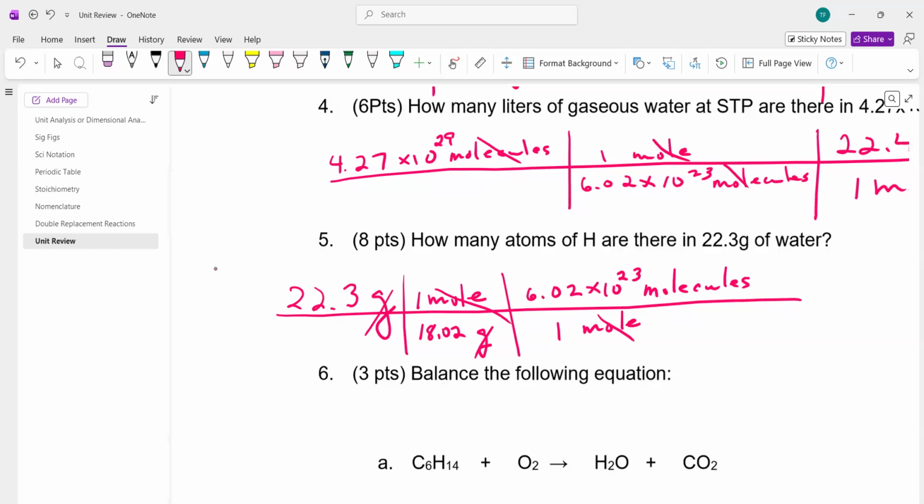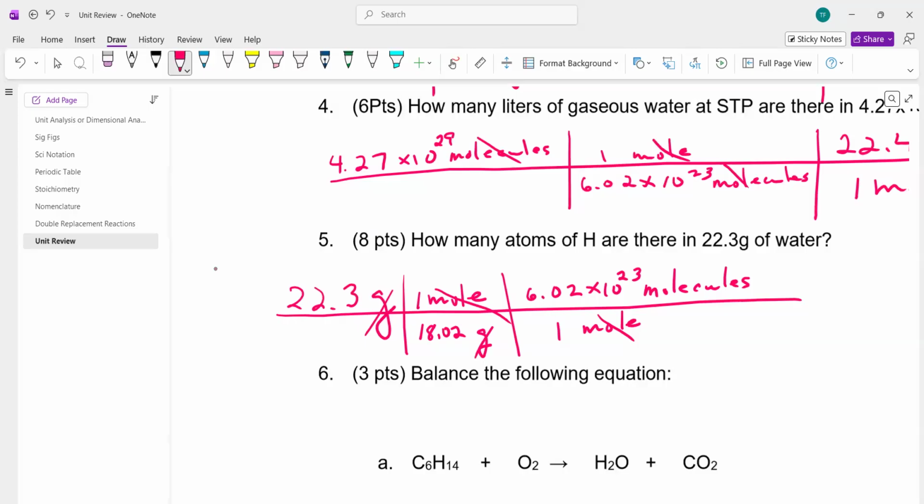But then going back up to problem 4, I put Avogadro's number on the bottom. Yes, because you're starting with molecules. The molecules always cancel the given. So if molecules are given, the next term has to have them on the bottom, otherwise it won't cancel. Number 4 started with molecules first. That's why the molecules are on the bottom.